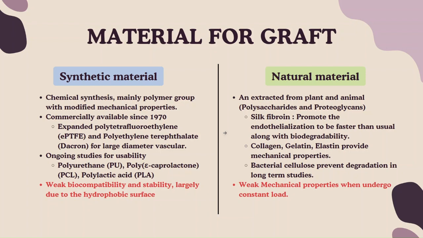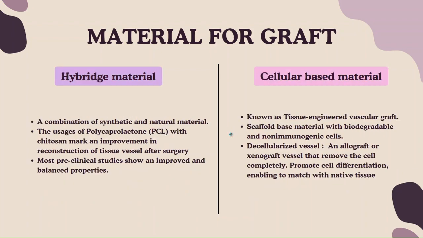As for the natural material, even though it is able to provide biocompatibility in terms of cell adhesion, it is still weak in mechanical properties when undergoing constant loads. So that's why the usage of hybrid material has been studied recently, which is the combination of synthetic and natural material, using the advantages of both materials to enhance the performance of the artificial vascular graft.